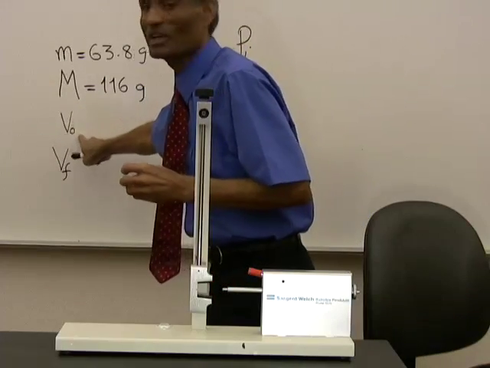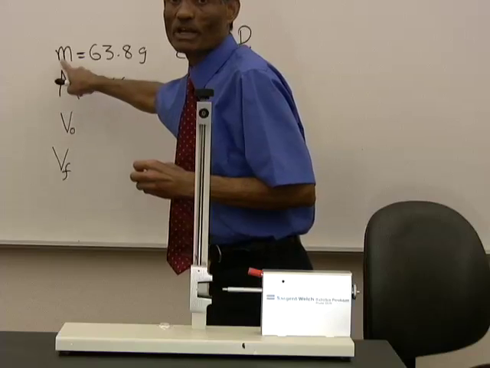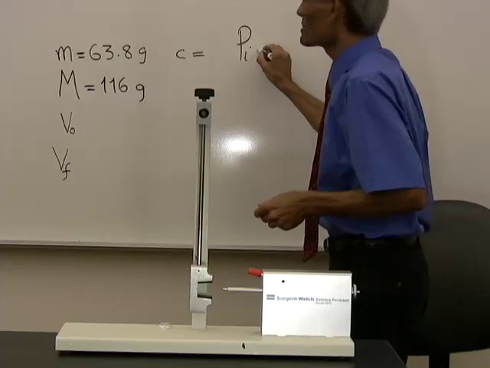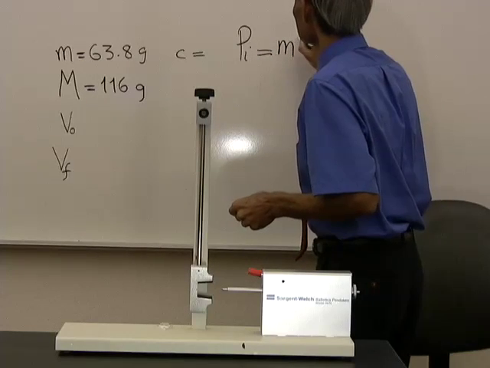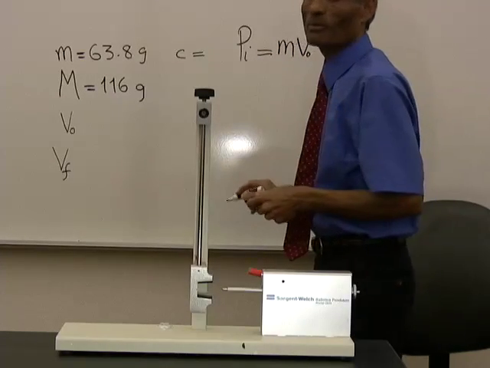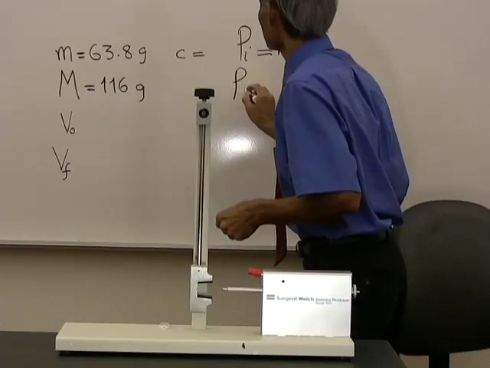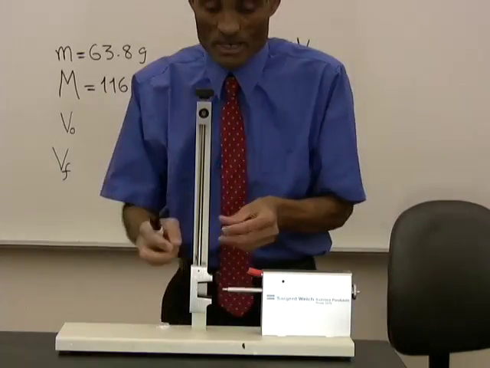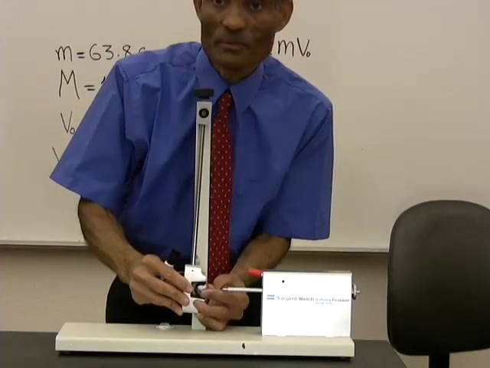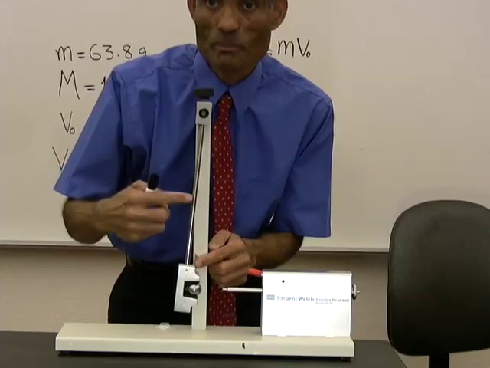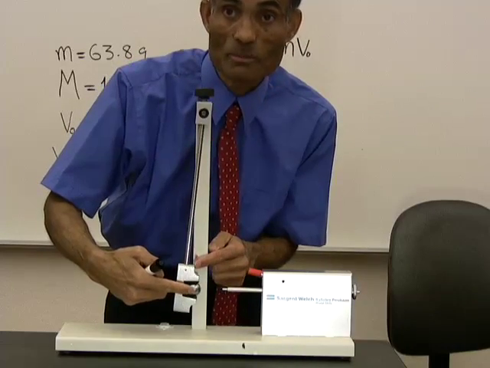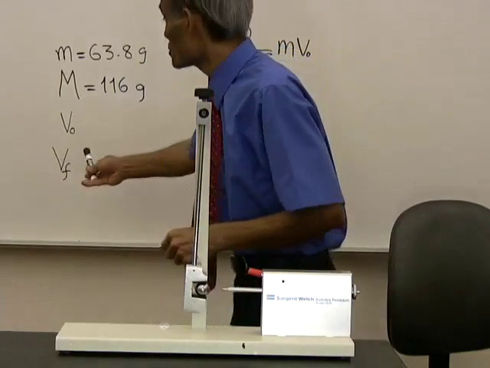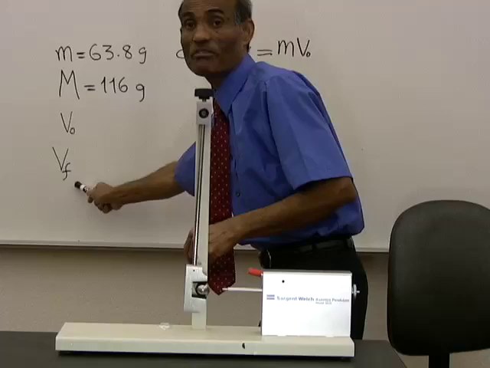The ball has a velocity v0 and a mass m, so Pi, the initial momentum before collision, is m times v0. Now what is Pf, the final momentum? The final momentum is after the collision. The mass of the system is the mass of the pendulum plus the mass of the ball, and the velocity of the system just after collision is v sub f.